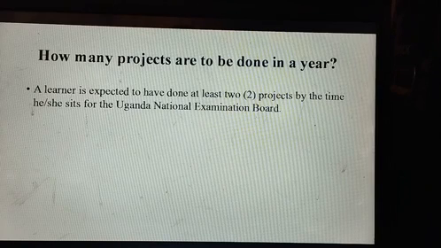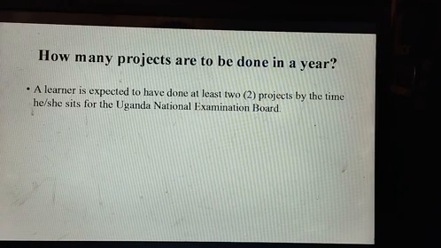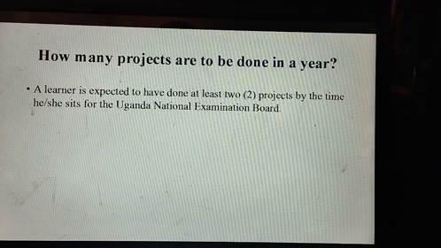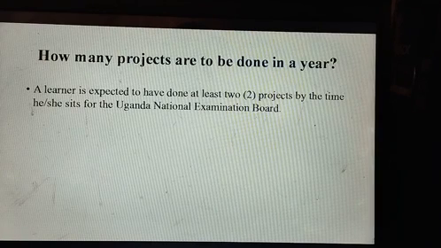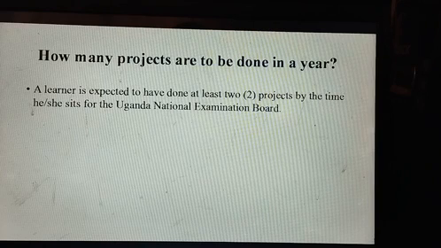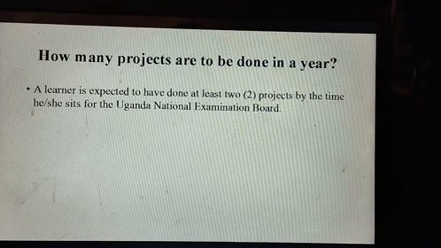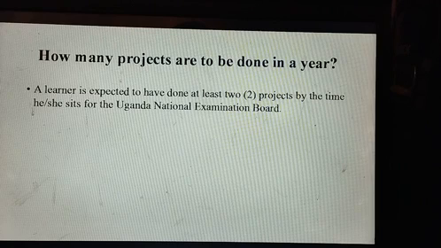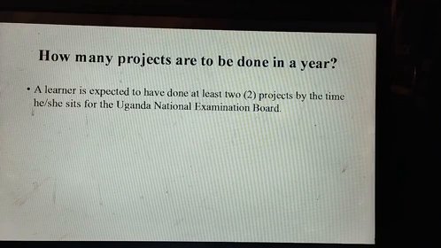Remember, a learner in senior 1 and senior 2 has to do 12 subjects. Then in senior 3 and senior 4, a learner continues with only 9 subjects. By the time he or she sits for the Uganda National Examinations, he or she must have done at least 2 projects per subject.